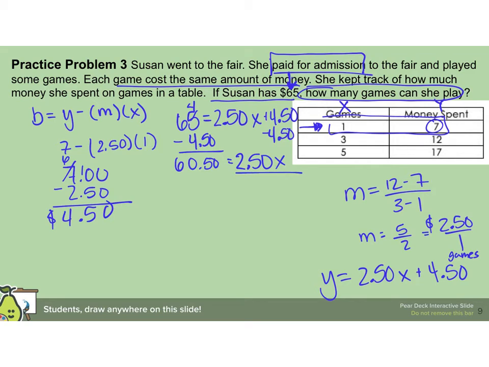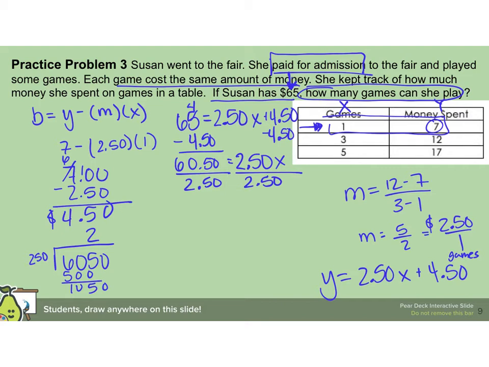So now we're going to divide to isolate that variable. So how many games can she get on with $60.50? I'm going to do this math over here. 2.50 goes into 5.00 twice. That leaves me with 10.50.